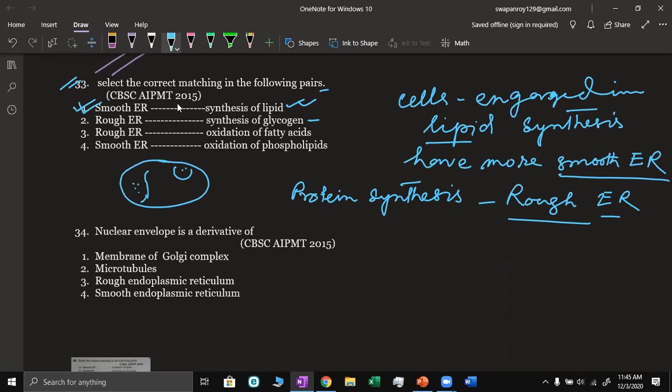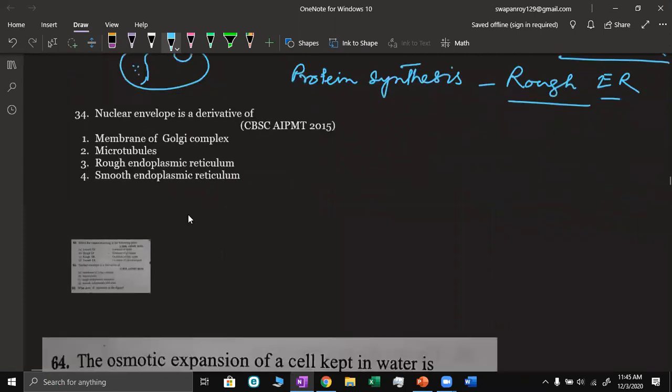Next question. This was a question asked in CBSE PMT 2015. The nuclear envelope is a derivative of: membrane of Golgi complex, microtubules, rough endoplasmic reticulum, or smooth endoplasmic reticulum.